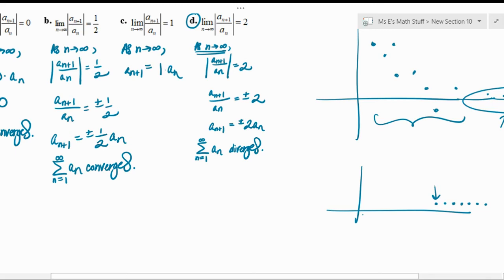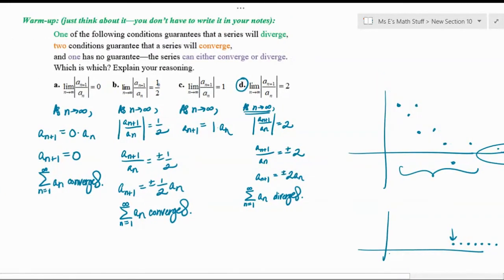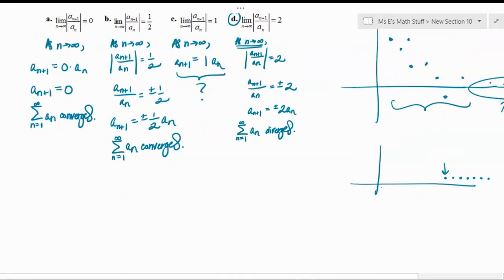But if your terms flatlined but they were still a little too far away from zero, then you would end up with something that diverges. And so part C is the one with no guarantee, as in it could have gone either way. So we'll just say, we don't know. It could converge or diverge if it flatlines at the end.